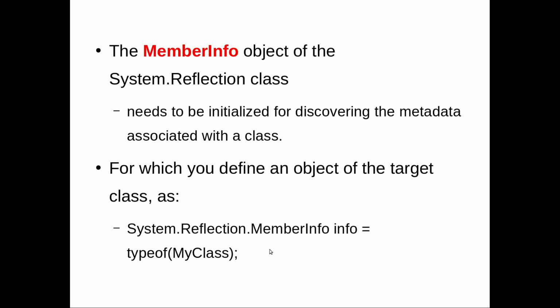Then you write MemberInfo, the object name equals the typeof operator, and inside the typeof operator, pass Employee. Employee is a class name, right? So Employee will be passed here instead of MyClass, which is a user defined class that you have in your program.